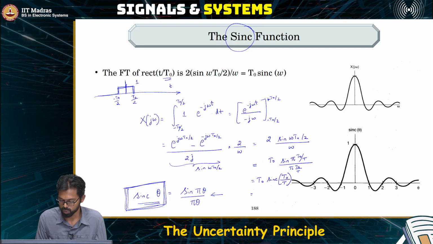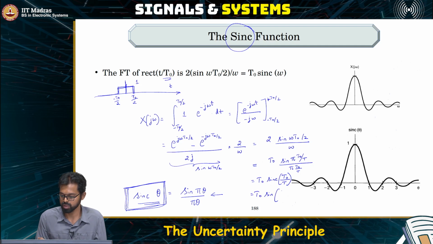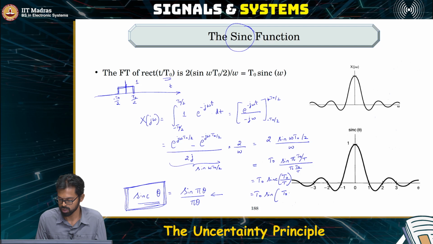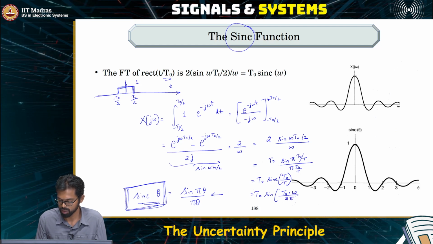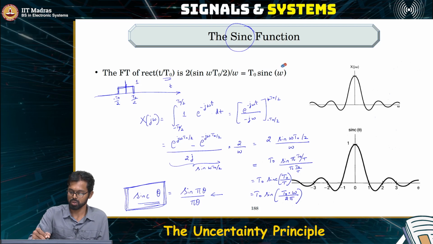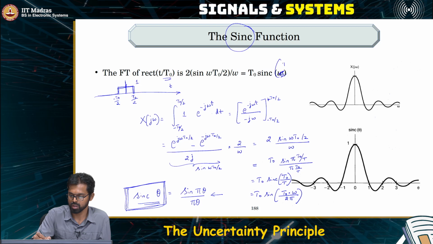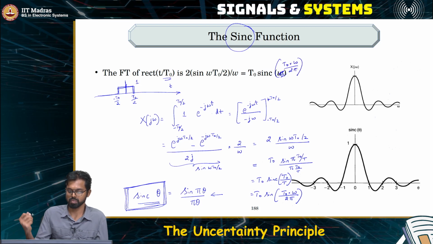Or in other words, you can say that this is equal to sinc of t naught into omega divided by 2 pi. So this is in fact nothing but sinc of t naught into omega by 2 pi.